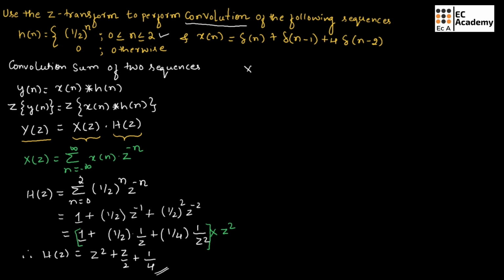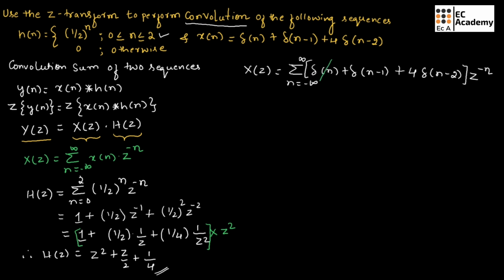Now let us find X of z. So we can write summation of n is equal to minus infinity to infinity, x of n is given as delta of n plus delta of n minus 1 plus 4 delta of n minus 2, into z to the power of minus n.